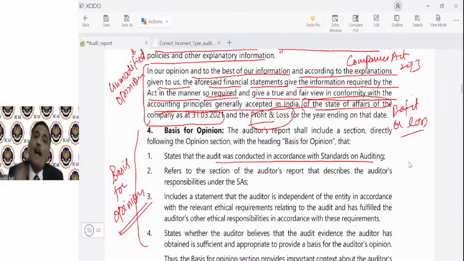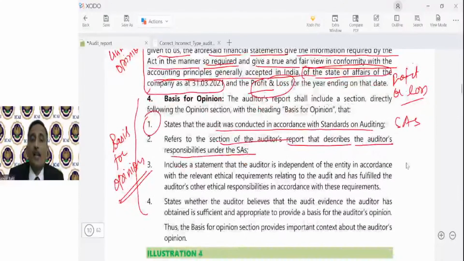Then how have I arrived at that opinion? I would state that the audit was conducted in accordance with SAs. Okay, and it also includes the auditor's responsibilities under SAs. Okay, what are the responsibilities under SAs?